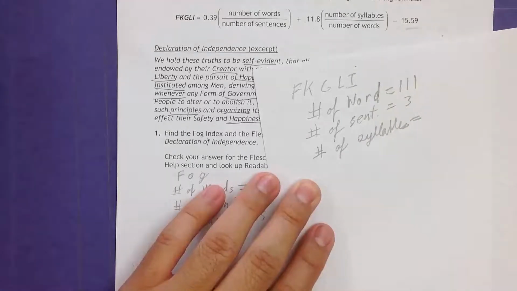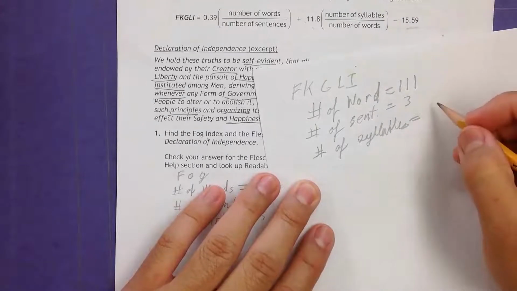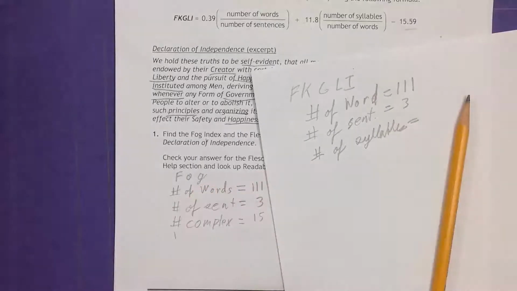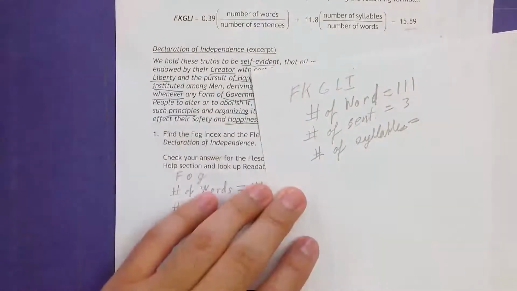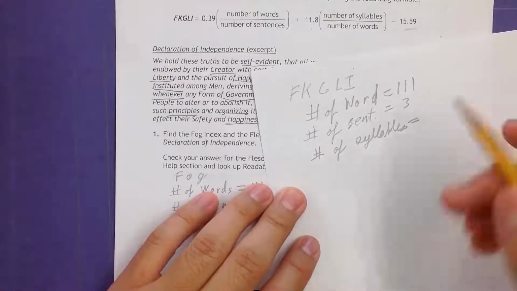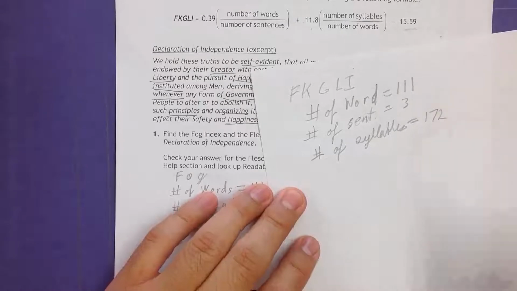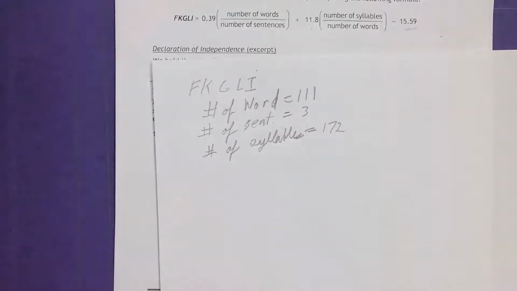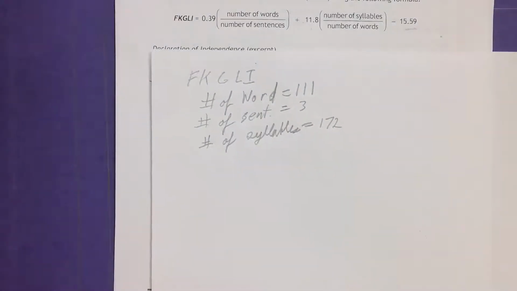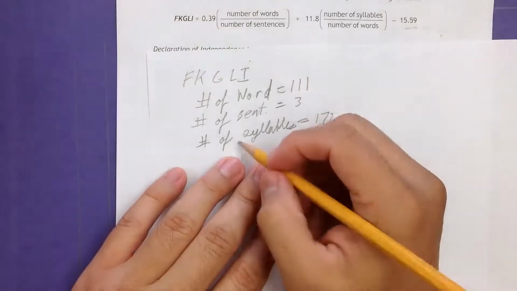We need the number of syllables now in the entire passage, which is equal to, let me see, we hold these truths, so that's 1 4. Alright, well, that would take a while to do by hand, so that equals 172, and that's the number of syllables, and I think that's all we need.